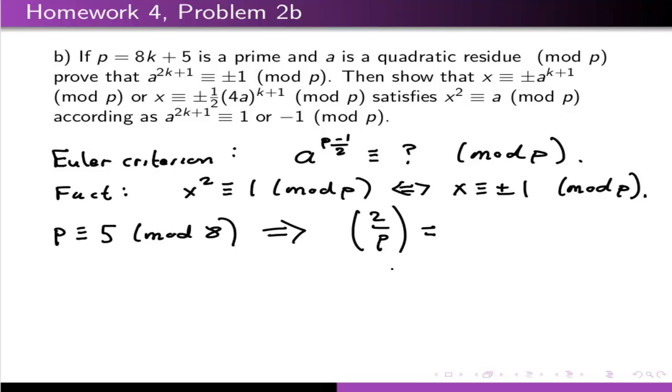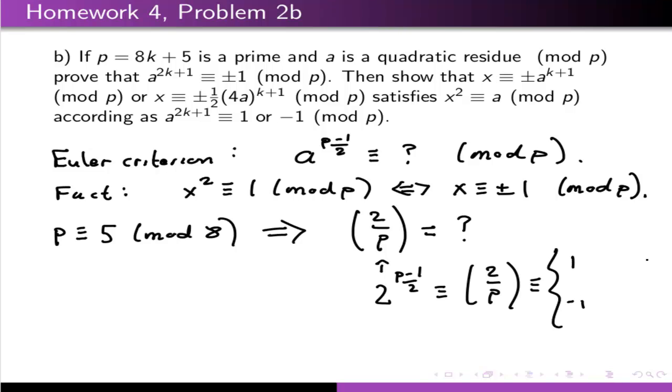The Legendre symbol 2 over p, think about that. And of course the Legendre symbol means 2 to the p minus 1 over 2 power. So this is congruent to 2 over p, which from the Gauss lemma we established was equal to plus 1 in certain cases and negative 1 in other cases. So you're going to use that fact here, and I think you can put this together and just establish these things.